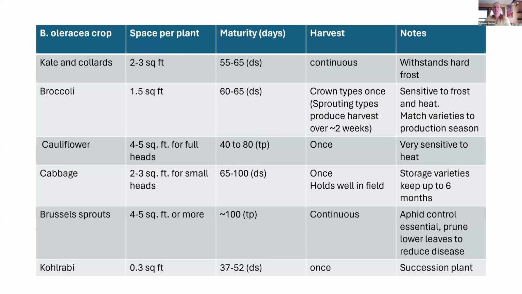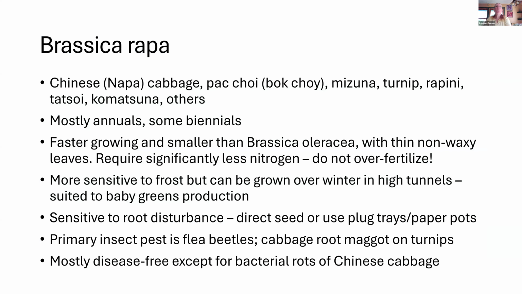Okay. Let's move on. So the next group in the brassicas are Brassica rapa. And this is primarily an Asian species. So where Brassica oleracea is native to Europe, Brassica rapa is mostly native to Asia.